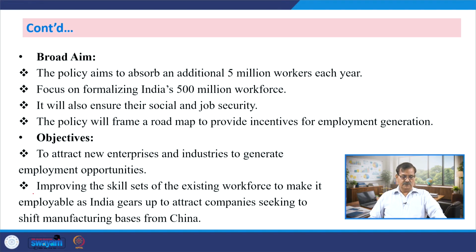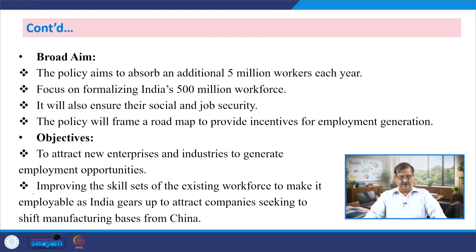The policy aims to absorb an additional 5 million workers each year, and the focus is on formalizing informal jobs. In fact, India needs to skill around 500 million workforce. It will also ensure their social and job security.